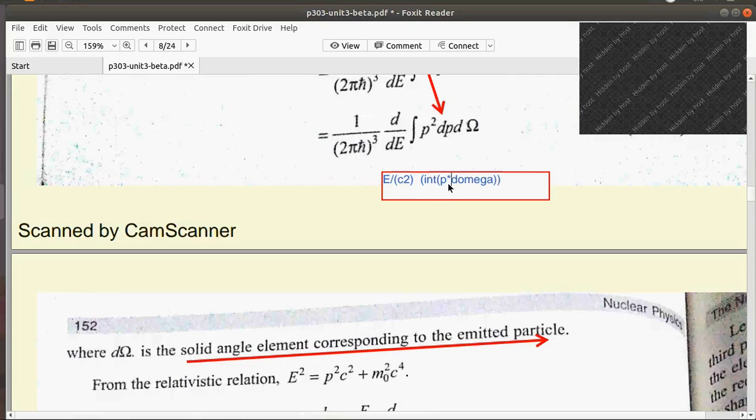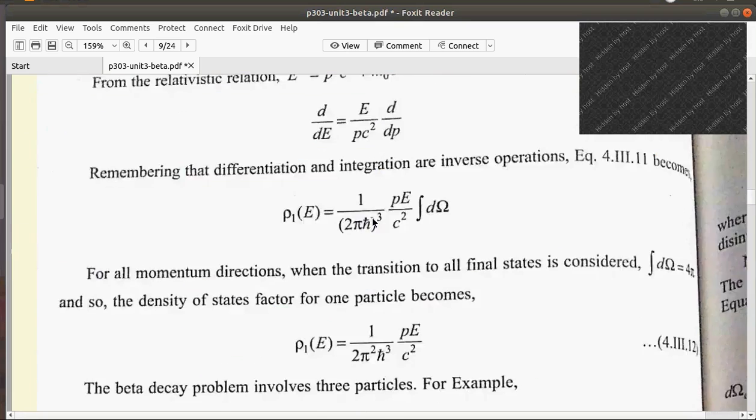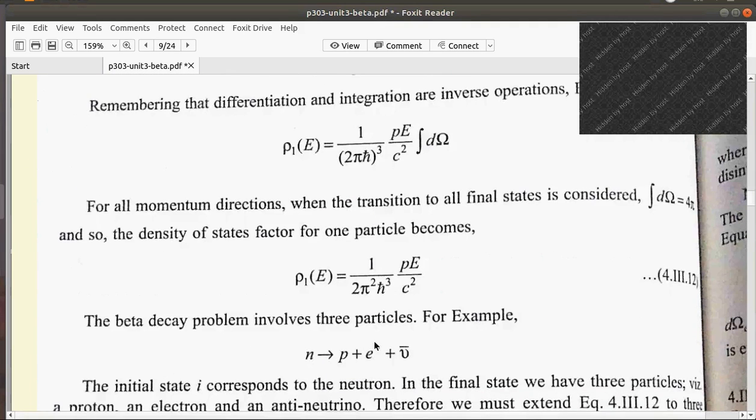So now the integral is with respect to p into d omega. Since d omega is your variable, p becomes a constant, so p will come out, so you will get E into p by c square. So the integral will be over d omega.